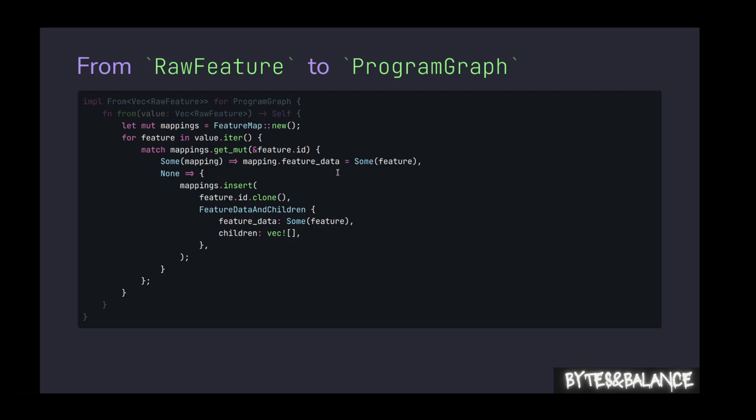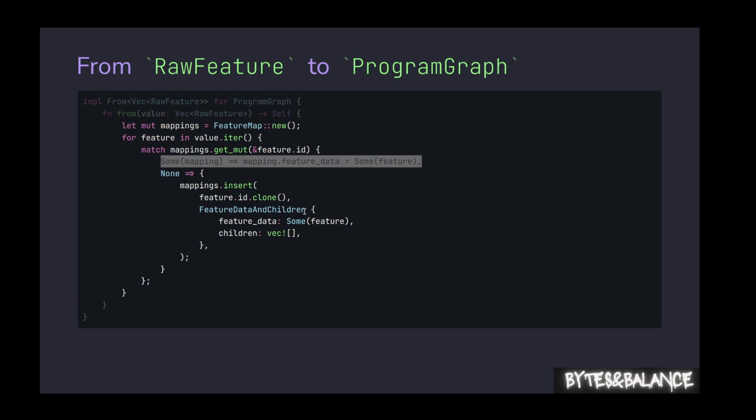The code then iterates through each rule feature in the input vector. For each feature, it checks if it already exists in mappings using match. If the feature is present, it updates its feature data here with the sum. And if not, it inserts a new entry with the feature data and an empty list of children.